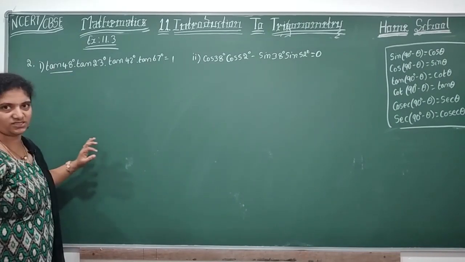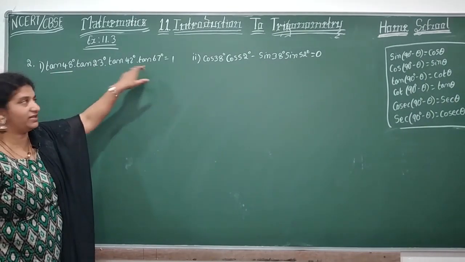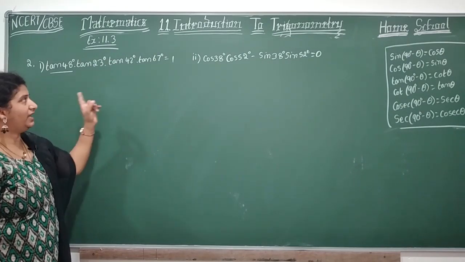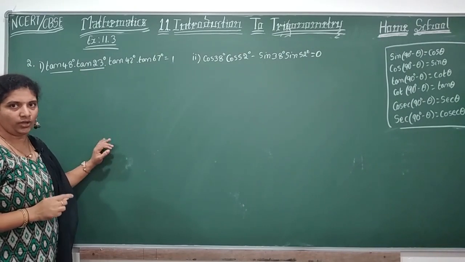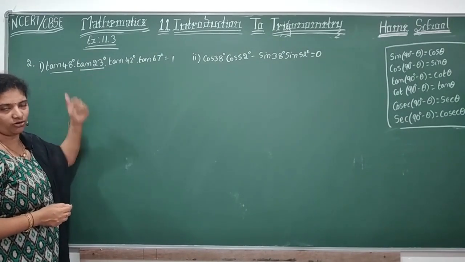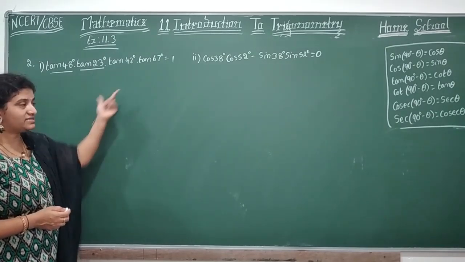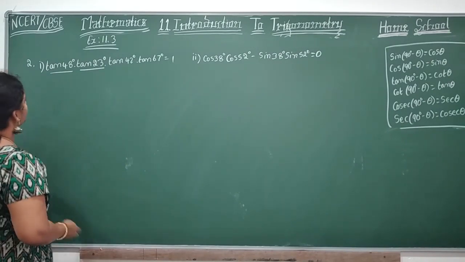Let me change this. And again, tan 23, tan 67. 23 plus 67 must be 90 degree. Again, in these two, you select any one set. Now what are you going to do? 2 tan ratios you are going to change, such that they cancel and you get one answer. So look here, children, carefully.